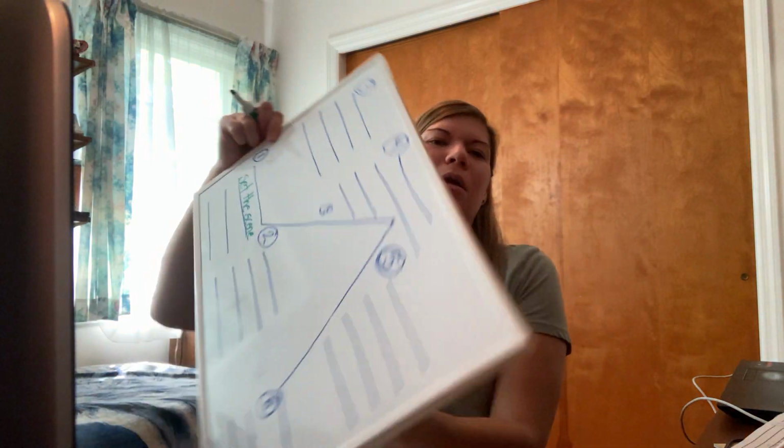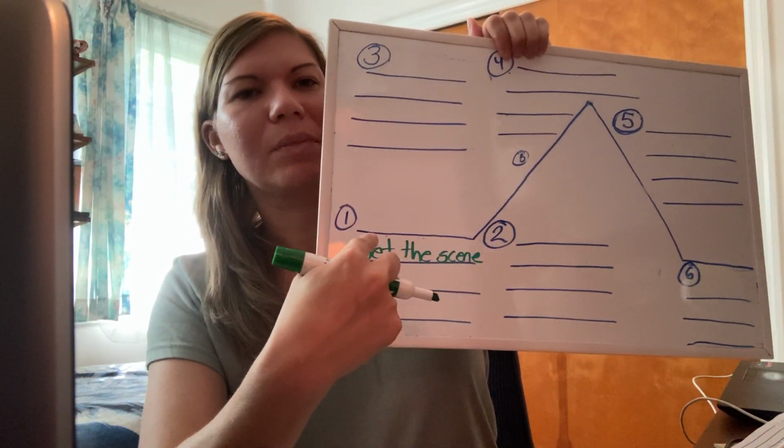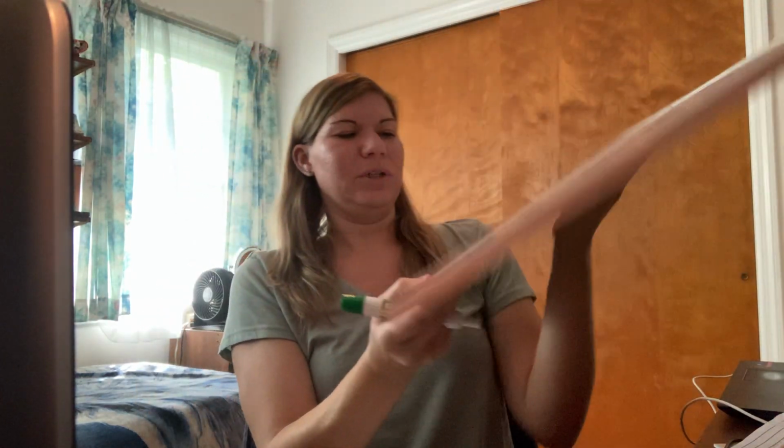So, the first part of a story arc is you need to set the scene. So that's what this first flat line is. You're setting the scene. And what you do when you set the scene, that's kind of going to be your background information. That's going to be introducing your characters.